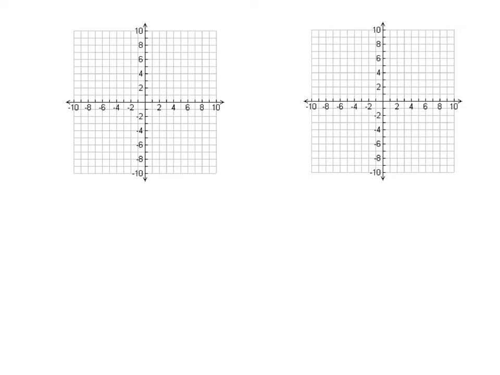Say we have the point -2, -1, and we have the point 4, 2. And we want to find the midpoint of this segment. So if we were going to use the formula, we have -2, -1, and 4, 2. To use the midpoint formula, we'll have to find the average of the x's, -2 plus 4 divided by 2, which is 2 over 2.